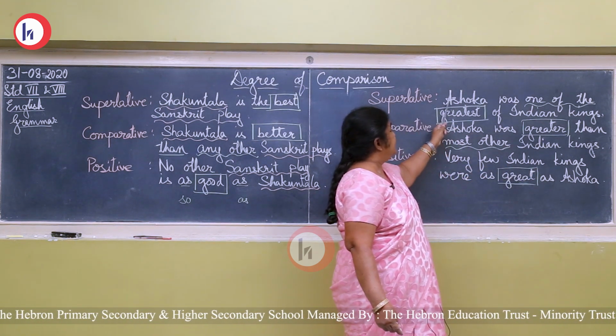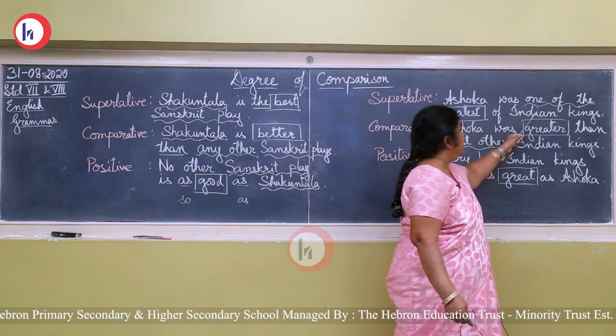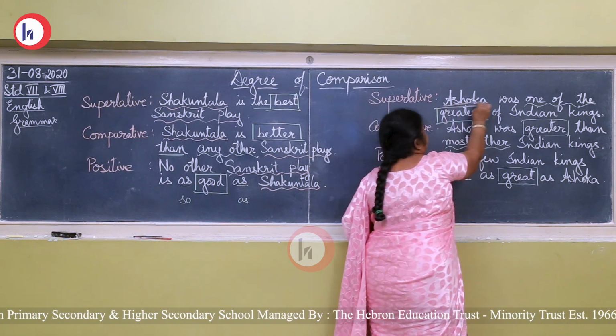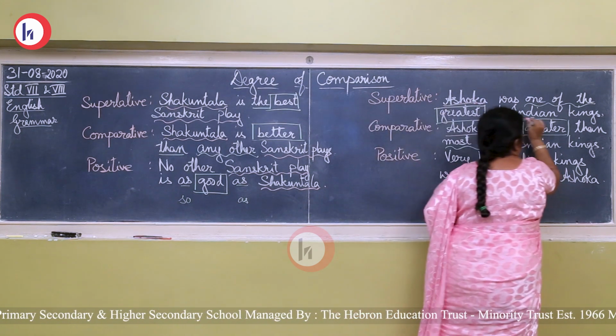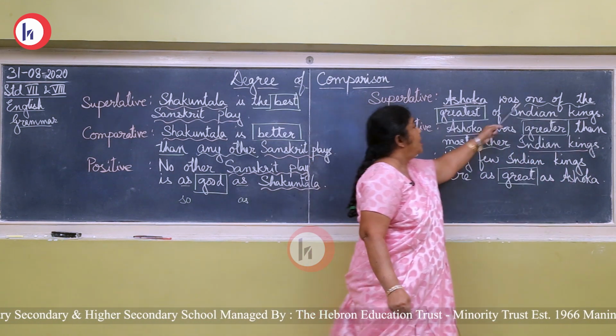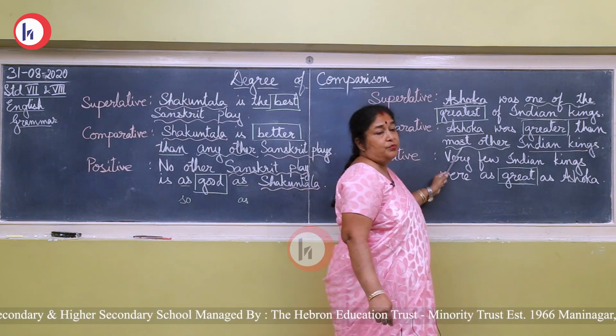Here also, the subject has remained in the subject and the object, Indian kings, is here in the object. But the change is one of the: because it is one of the, here we write most other.